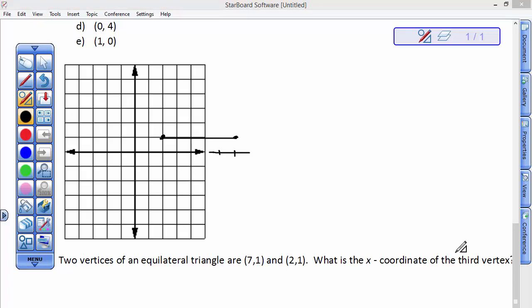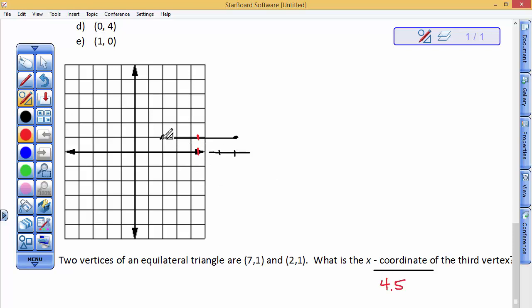It would have required some work to make these 5 long, but the x-coordinate would have to be halfway between these units. So there's 1, 2, 3, 4, 5 to get there. So the x-coordinate would have to be halfway at that 5. So the x-coordinate would be at, looks like it's 2, 3, 4, 4.5. Halfway between 2 and 7 is 4.5.